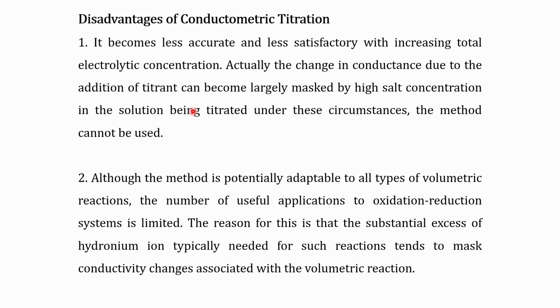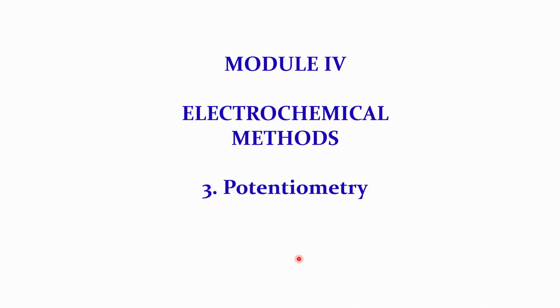So, then the method cannot be used, and although the method is potentially adaptable, the number of useful applications is limited. The reason for this is that the substantial excess of hydronium ion typically needed for such reactions tends to mask conductivity changes, especially for acids and other things. There will be some problem with that.